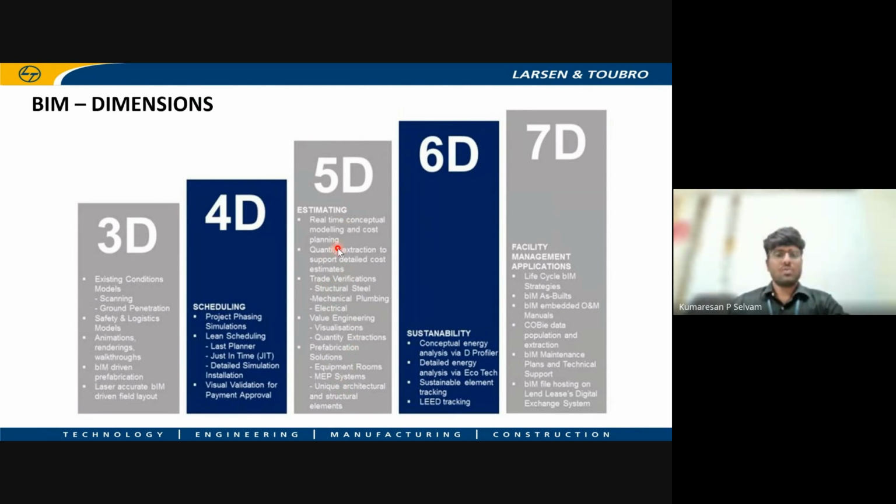Later, 6D and 7D are very rarely used in the Indian perspective. 6D refers to sustainability, where LEED tracking and all the LEED certifications are involved. And 7D goes for facility management applications, where the as-built data of the buildings is collected in a COBie data format, and then it is used for facility management, like lighting, ventilation, etc.